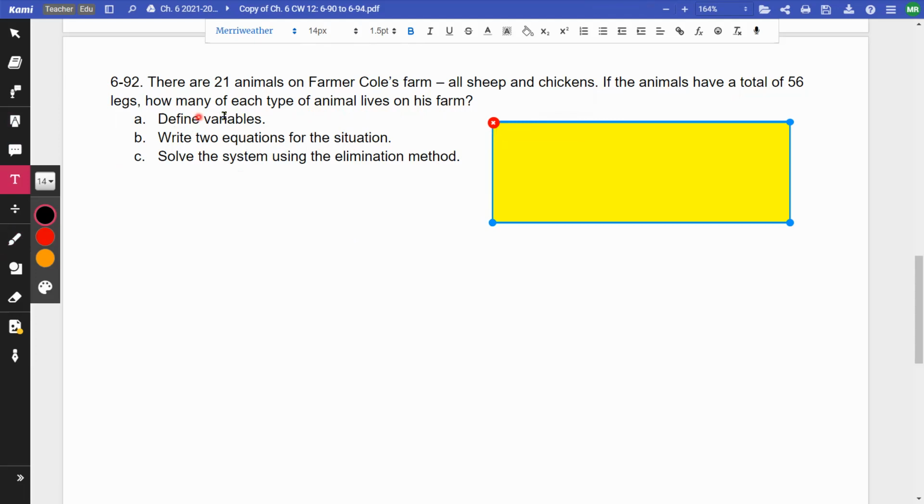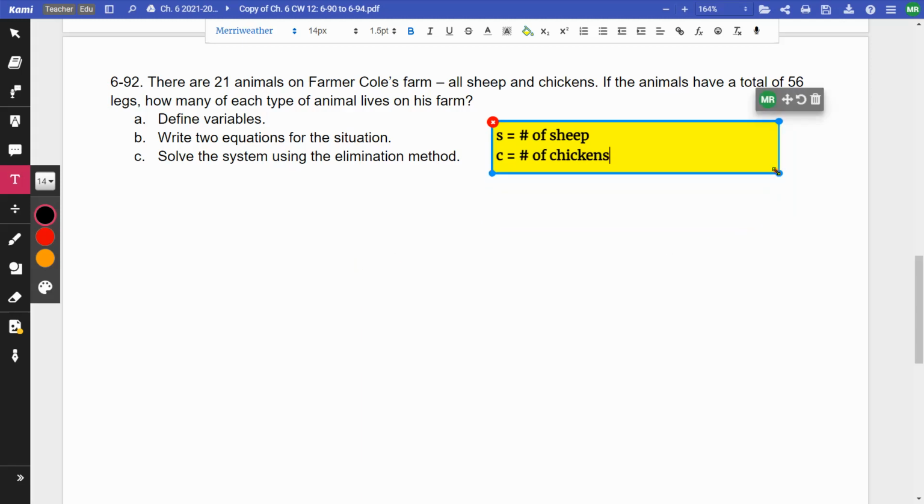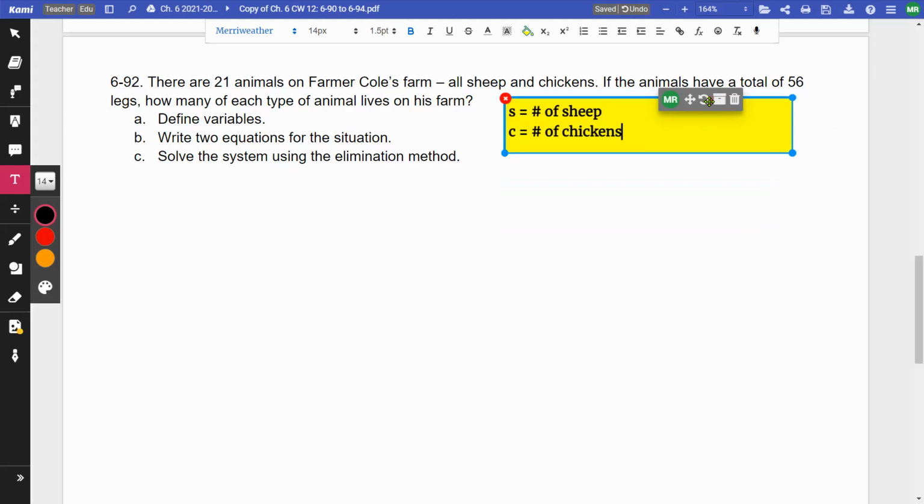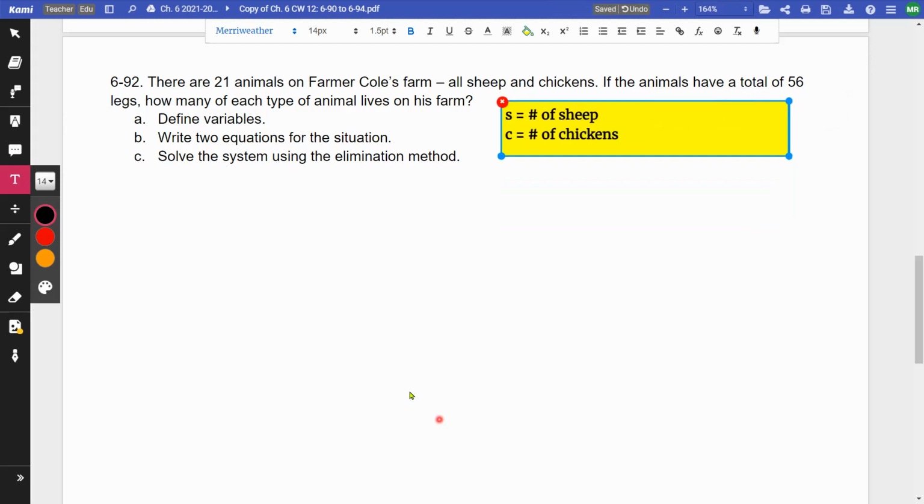I'm trying to figure out how many of each type of animal. We have sheep and chickens. I'm going to have S equal number of sheep. I'm going to have C equal number of chickens. That is going to be my variables being defined.